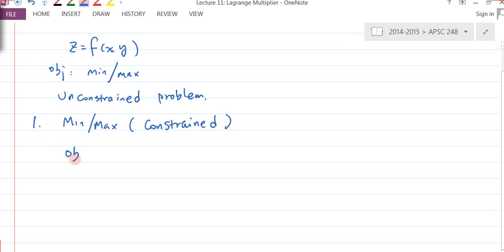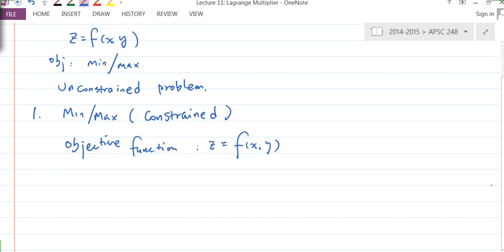Very similar: we have the so-called objective function, which is basically the original function, z equal to f of x, y. I'm taking a function of two variables for example, but you can use three variables or even more, no problem at all. The objective is to find this function's min or max, so that's the original problem.